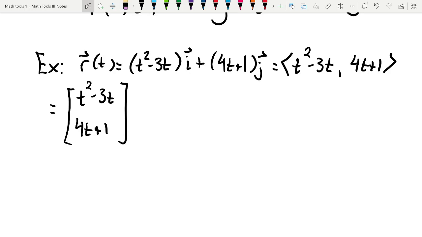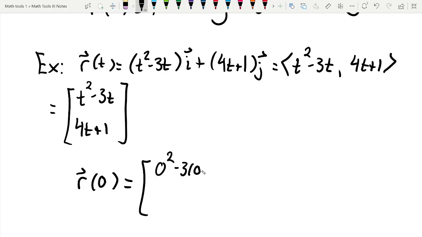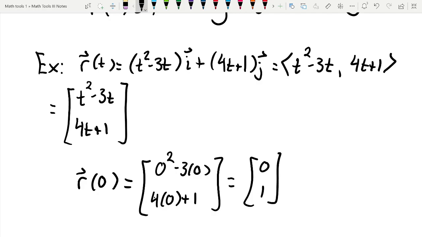We just evaluate the f part and the g part separately. So for example, if we wanted to evaluate r of 0, we would get 0 squared minus 3 times 0 for the top one, and then 4 times 0 plus 1 for the bottom one. So we'd get 0, 1.